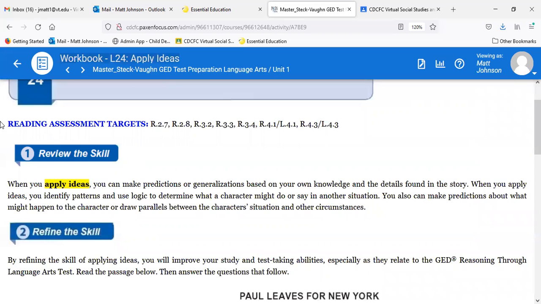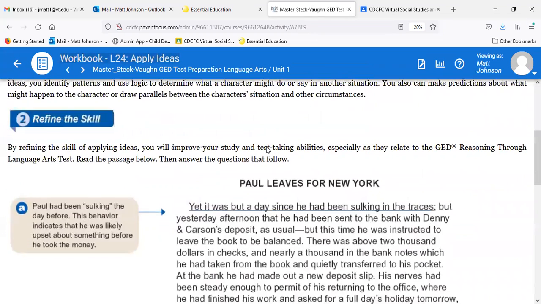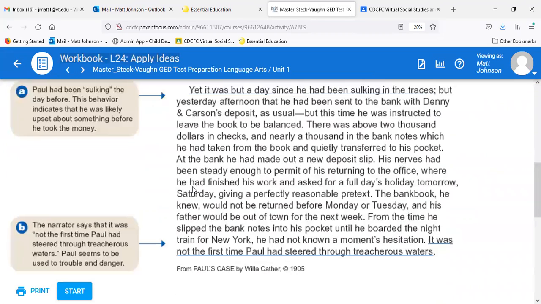What would that person do if put in a different situation, knowing things about their personality, their behavior, their physical appearance? How's that going to affect them in a different situation? And then you also can make predictions about what might happen to the character or draw parallels between the character's situation and other circumstances. Right? That's the idea there. Okay, and now we're back to Paul, right?